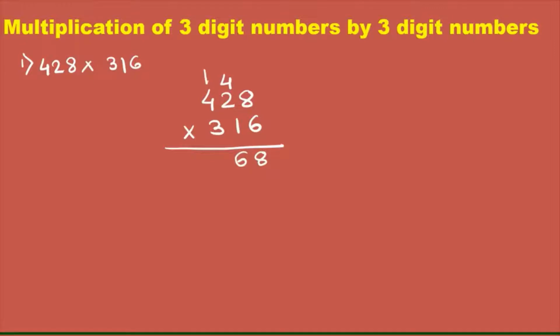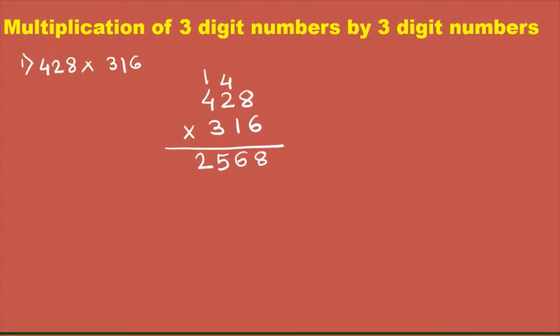Now 6 times 4 is 24 and we add 1 to this 24. So we have 25. I write 5 here. As you see here, we don't have any more digits to carry over to. So we drop our 2 here. And we get an answer 2568. Now we are done with 6.